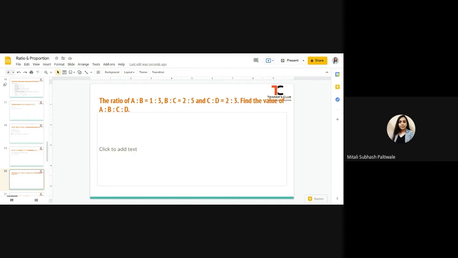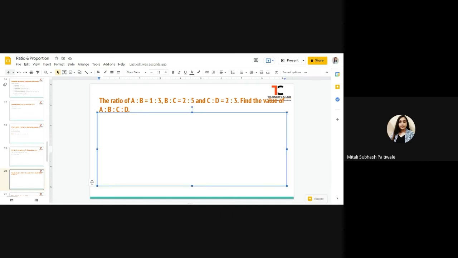Now look at this, which says the ratio of A is to B is equal to 1 is to 3, B is to C is 2 is to 5, and C is to D is 2 is to 3. So then find the value of A is to B is to C is to D. Now let's do one thing, equalizing. Yes, we have to equalize all of them.